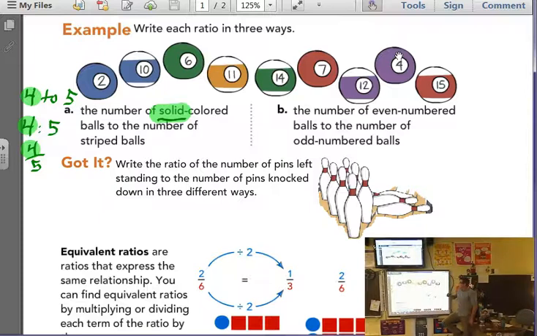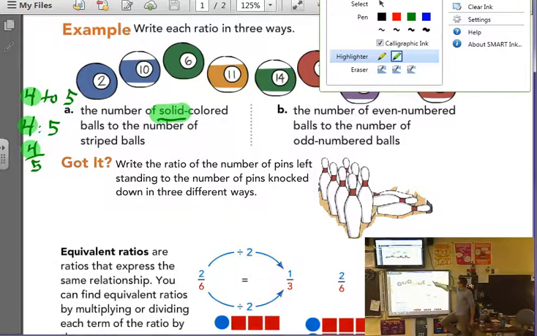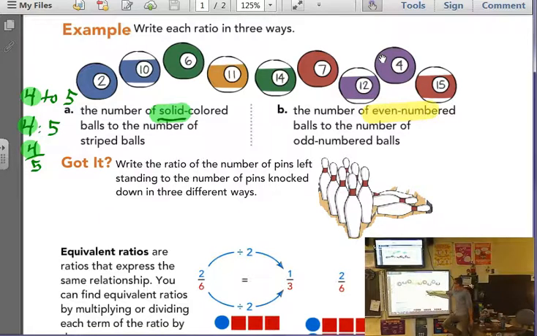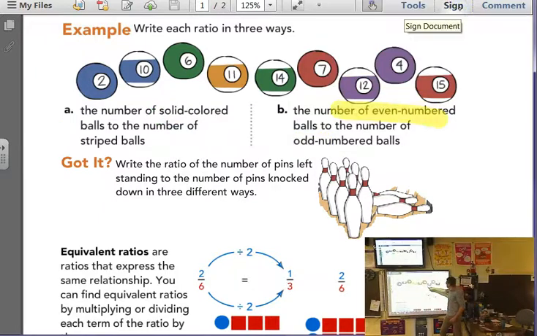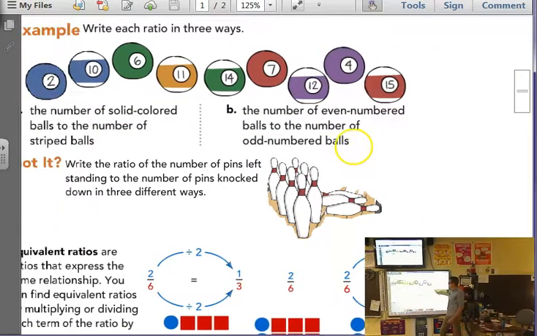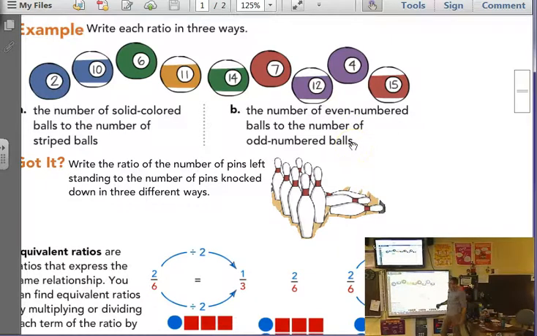Where's the 8 ball? So now, even compared to odd. Set up your ratio. Do it on your own if you haven't done it yet. Even compared to odd. All right, Acadia, what do you got?